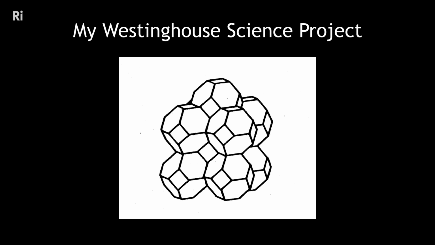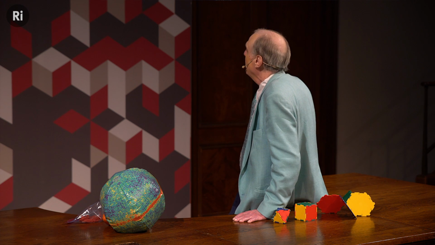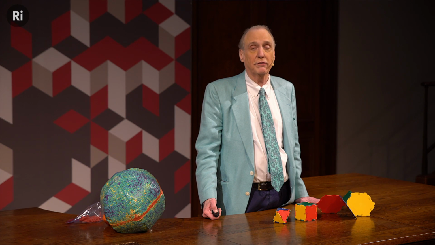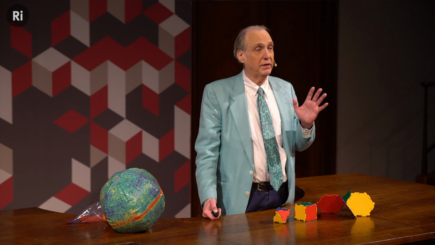You could fill up a whole warehouse of these. And so my project was on relating these stackings of polyhedrons to the different crystal structures. In this case, metallic crystals, and this was like the metallic crystal structure you got for sodium.